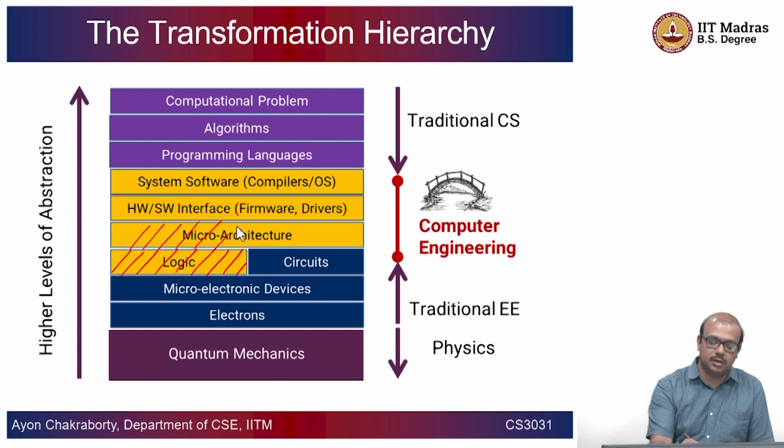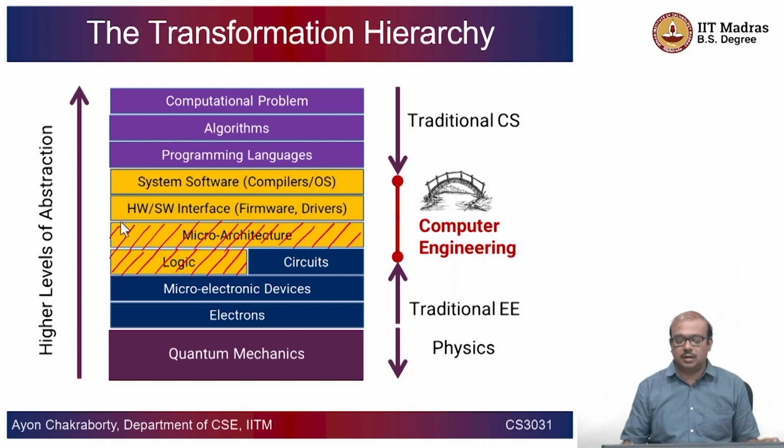So this is what we are primarily going to cover as a part of this introduction to computer systems design, and as an end goal, we are going to learn how to implement a very simple CPU using digital logic elements.